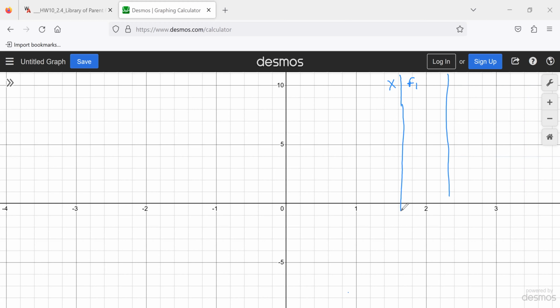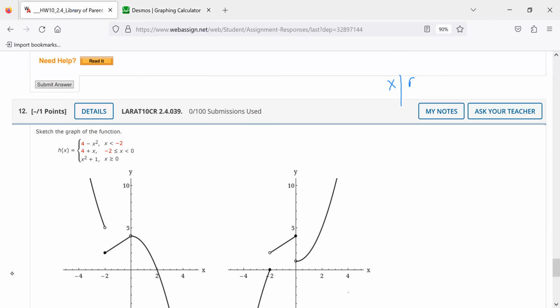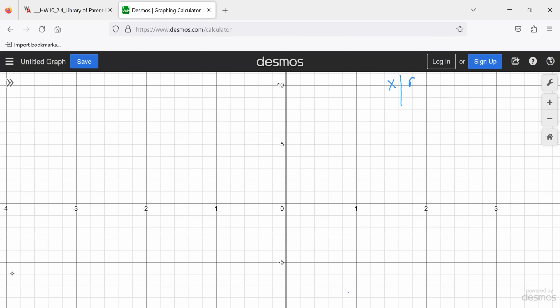You can call them whatever it is. Like, for example, what was the first one? First one was 4 minus x squared. Just write that.